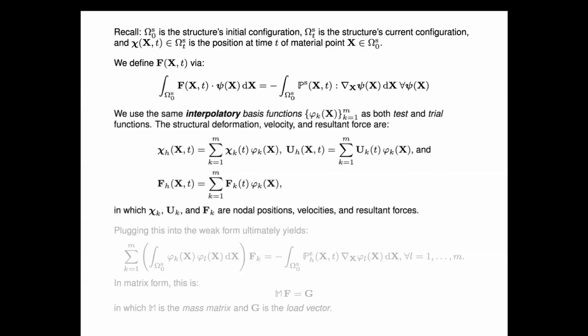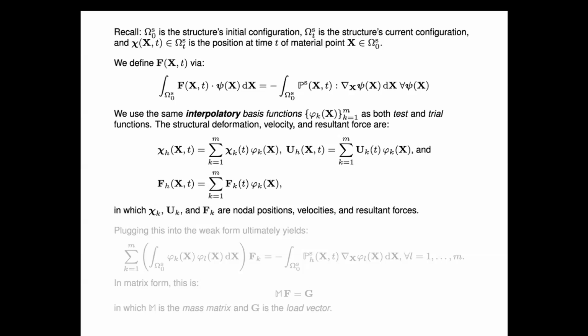So we're going to discretize this using standard Galerkin finite element methods. We're going to have shape functions, so Lagrange basis functions that live on our mesh, and we're going to use those Lagrange basis functions to describe the structural motion. We're going to describe the overall motion of the volumetric structure by interpolating the displacements of the nodes.